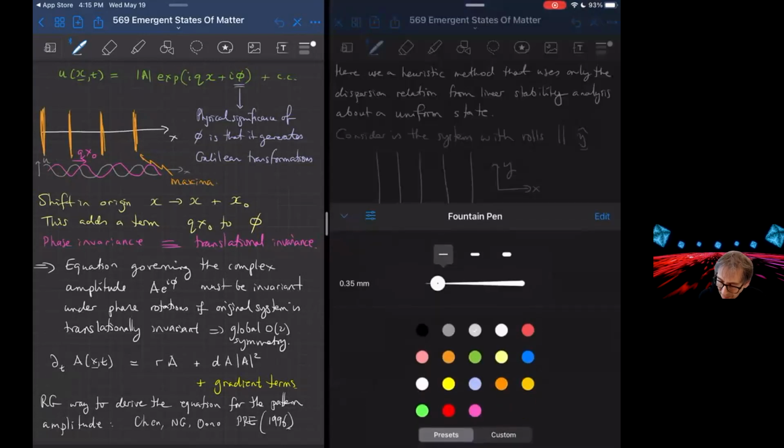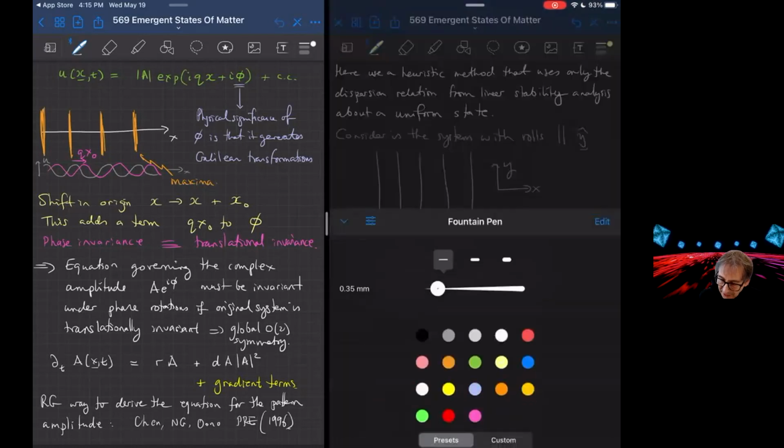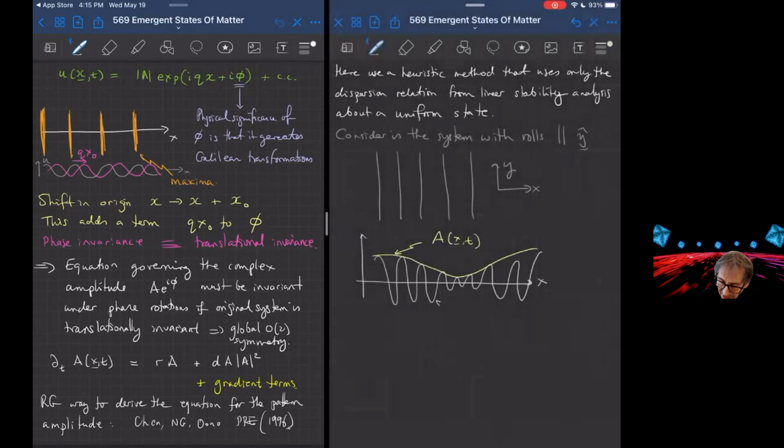And what we're interested in is the amplitude. I'm drawing you here the function A as a function of space and time, and the pattern itself is the thing that is varying as e to the i q x, like so.